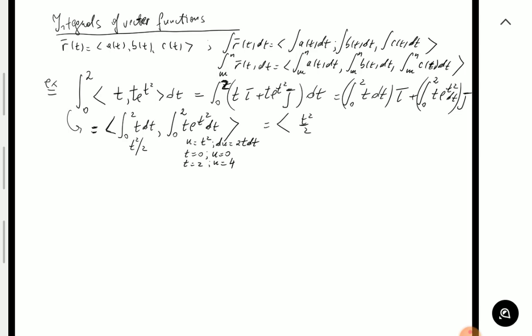So t squared over 2 evaluated between 0 and 2. And let's do it in two stages. The second one becomes the integral from 0 to 4 of e to the u times 1 over 2 du, right? t dt becomes du over 2. The first one becomes 4 over 2 minus 0.